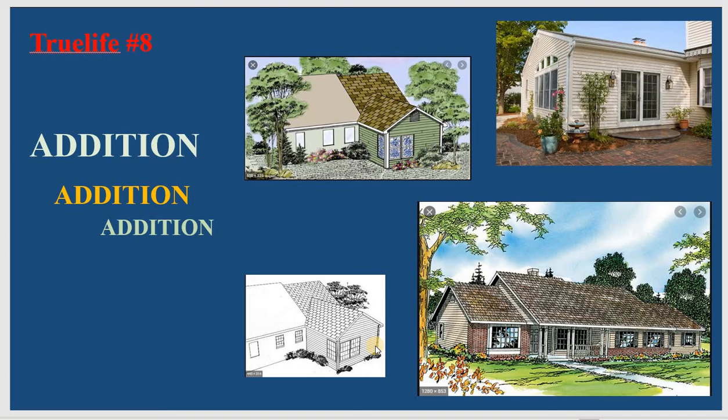Addition is different. Addition is the one you add onto your existing house. For example, this is your existing house and you add more square footage to it, and you can access the main house from the addition. But with an ADU, you build a different one, separate from the main house.